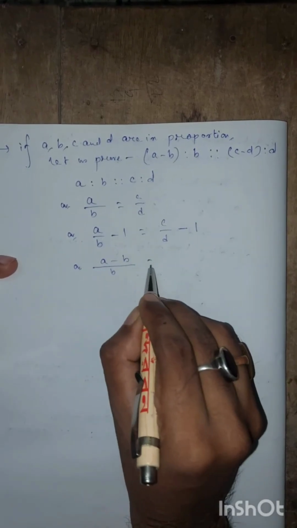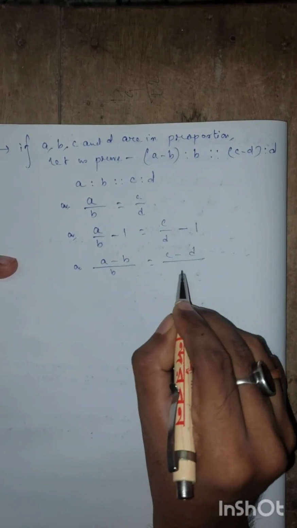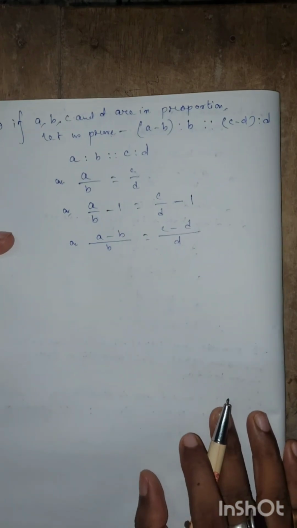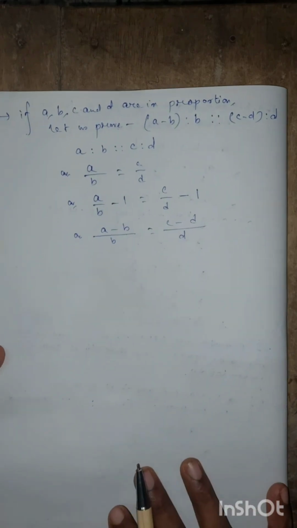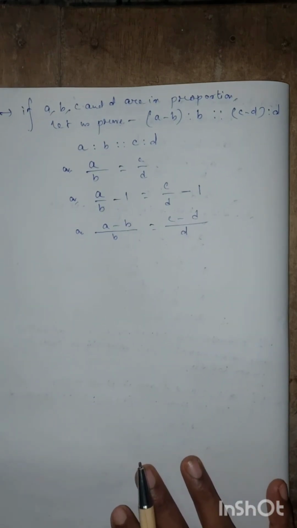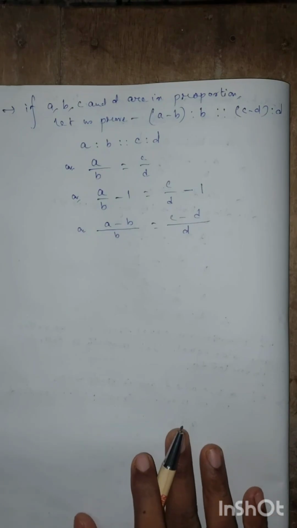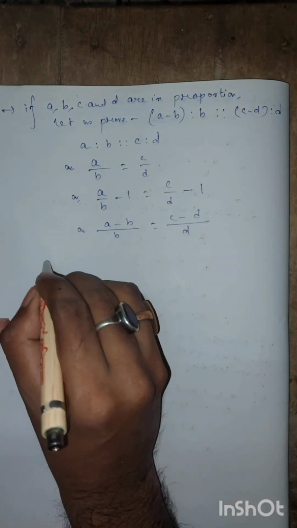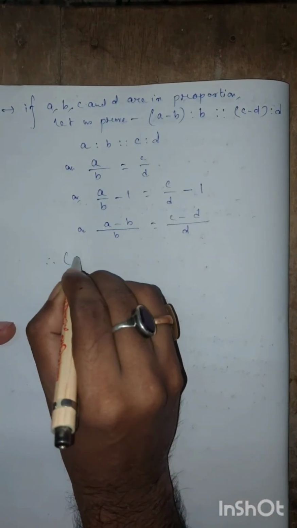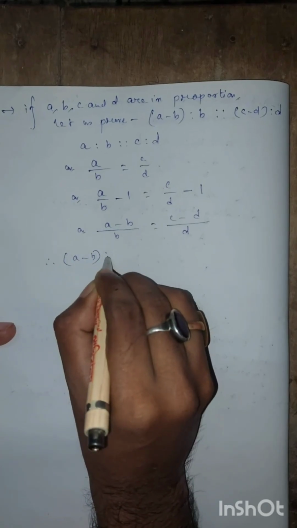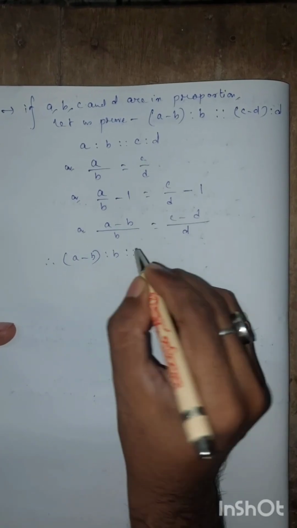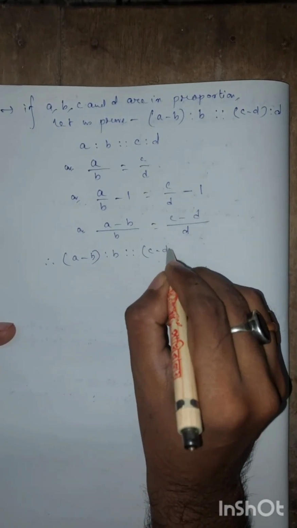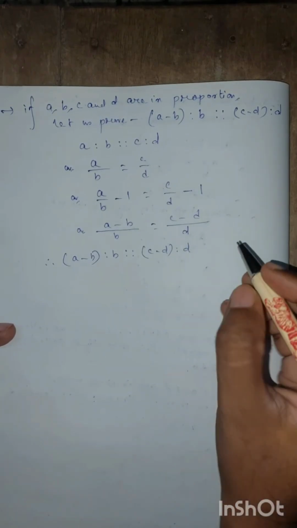So this is what we are getting. So we can write, therefore a minus b is to b as c minus d is to d.